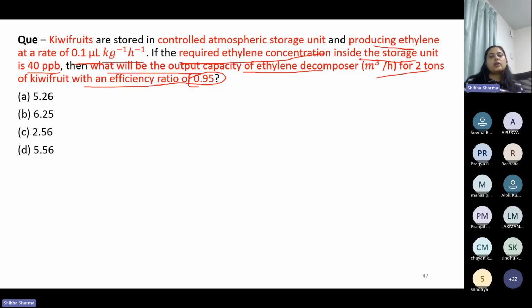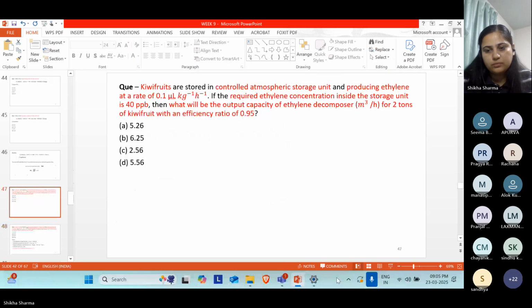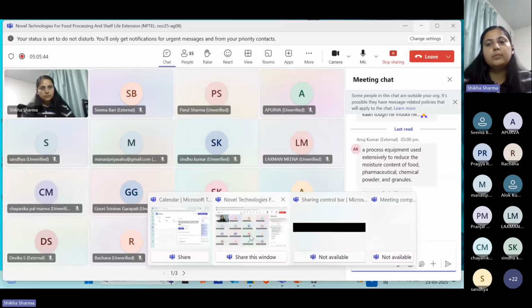So please try to see and calculate and let me know. Please solve.